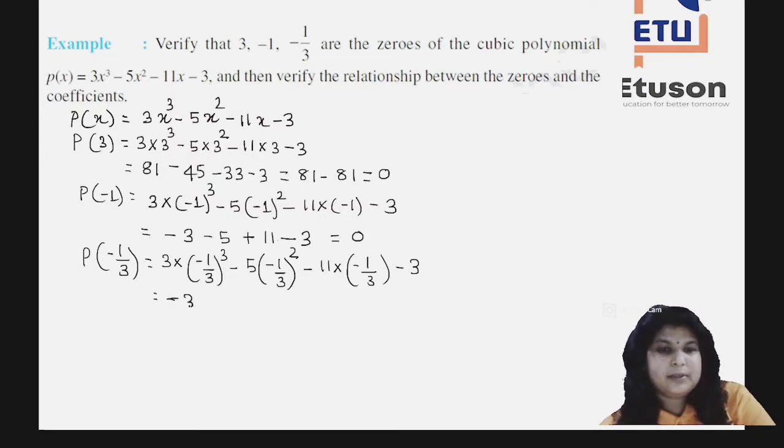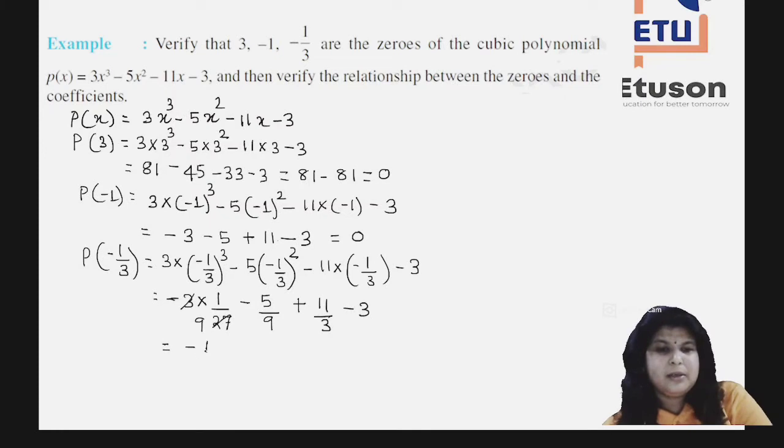Minus of 3 into 1 by 27, minus 5 divided by 9, plus 11 divided by 3, minus 3. So here 3 by 27 becomes 1 by 9.